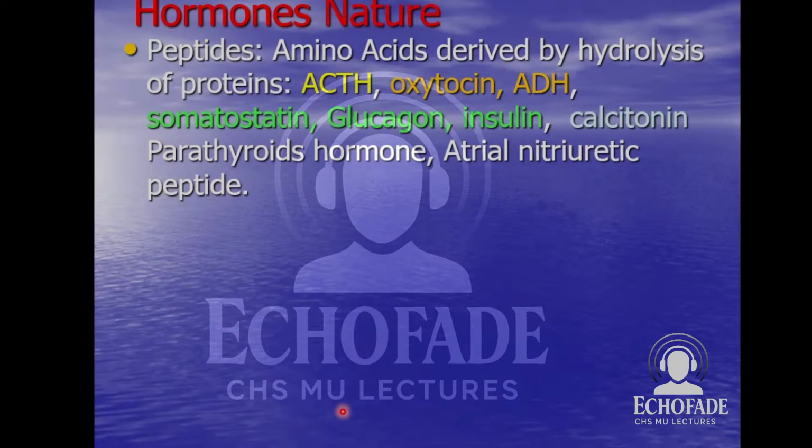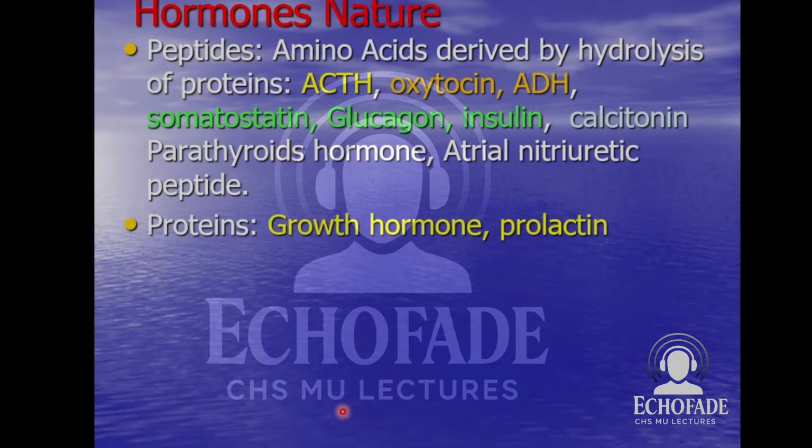And then we have atrial natriuretic peptide, also called atrial natriuretic factor, which is produced by the cells of the heart. So these are peptides in nature. As we describe these organs, we are going to look at the organelles that synthesize those peptides.